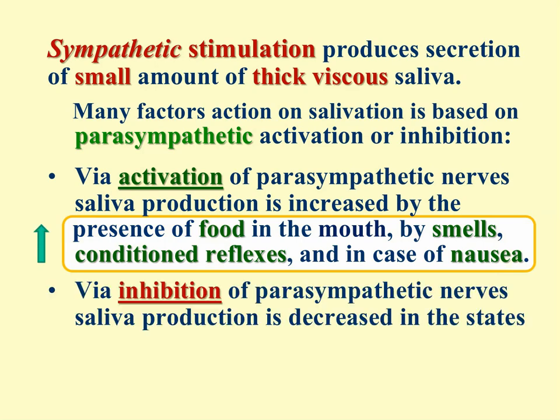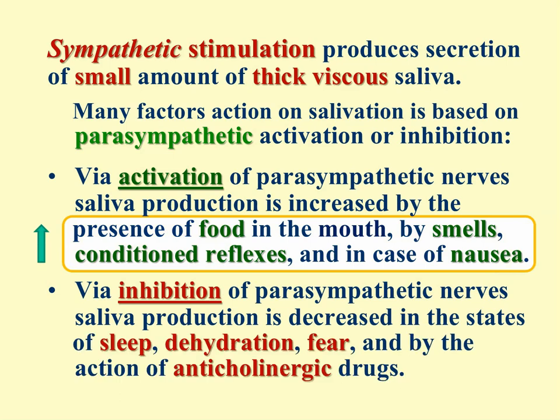Then, a number of factors inhibit parasympathetic nerves, and as a result, they produce dryness in the mouth, or at least a decrease of secretion of saliva. Sleep. During sleep, there is a little inhibition of the parasympathetic nerves, and we have less secretion of saliva. In case of dehydration, it's clear it cannot be stimulated so much.